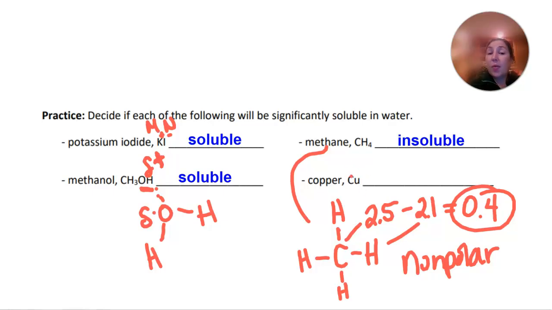Same thing with metals. We didn't specifically give those as an example, but a metal like copper or aluminum shouldn't be water soluble, right? I mean, we make pipes out of copper. We don't want them to be water soluble. We make cans out of metals like aluminum, not water soluble.